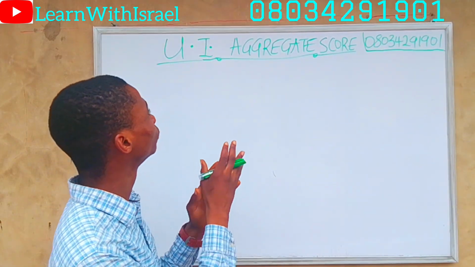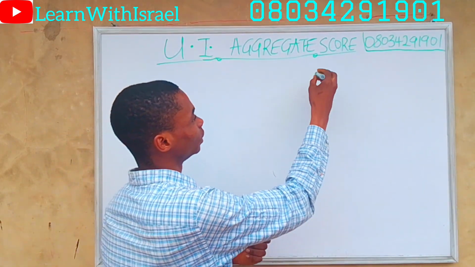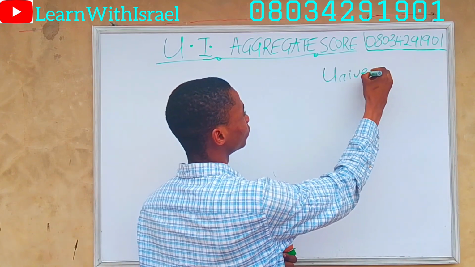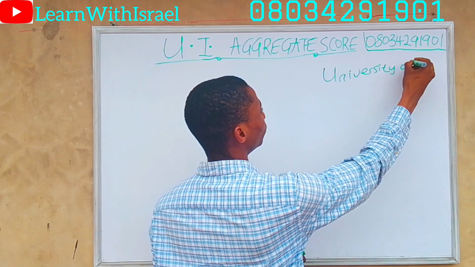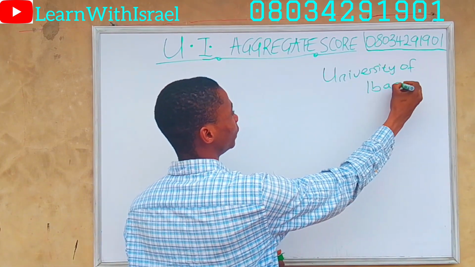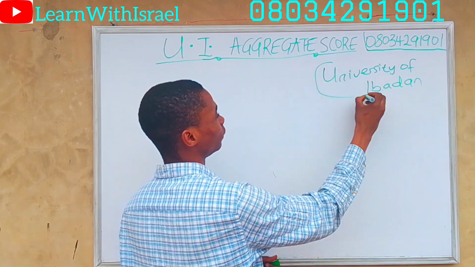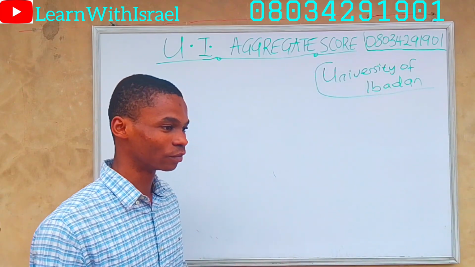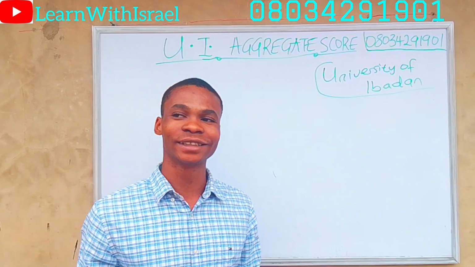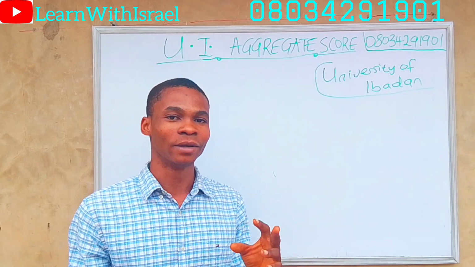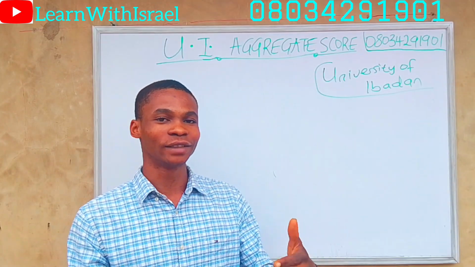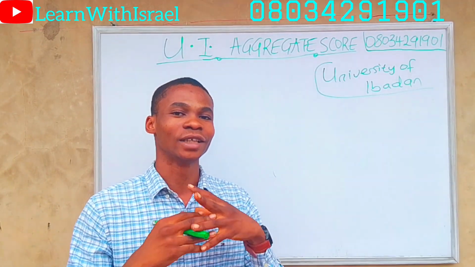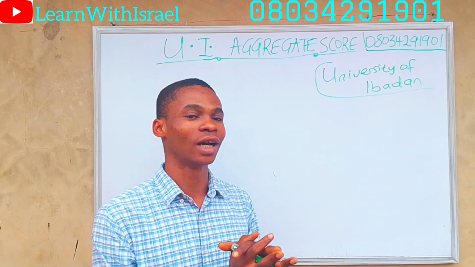But before we continue, UI represents University of Ibadan. That is UI, University of Ibadan, and it has been existing for a very long time. It's one of the first universities that was created in Nigeria.